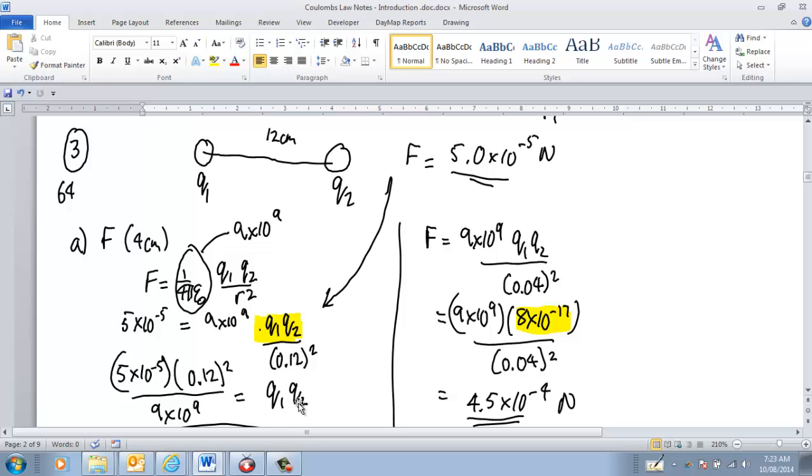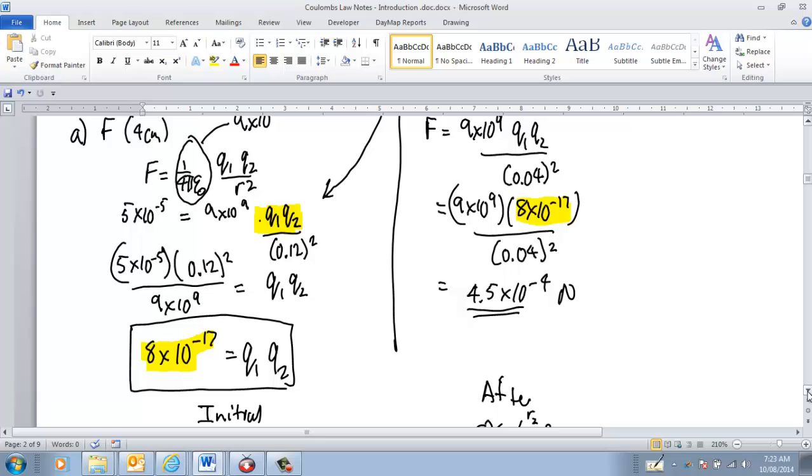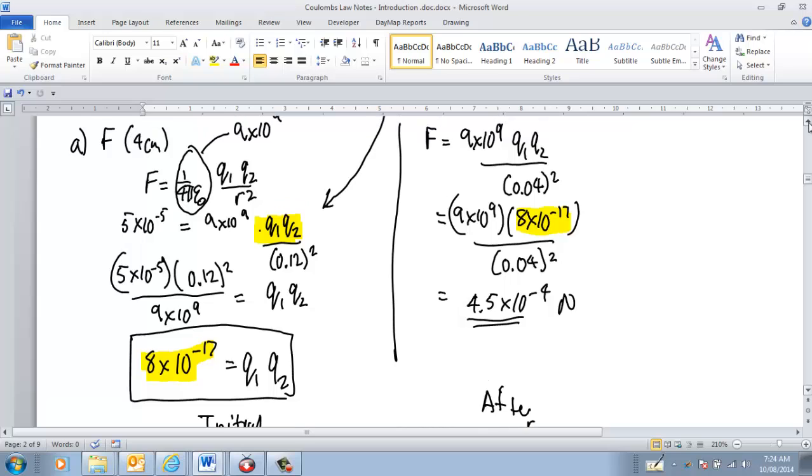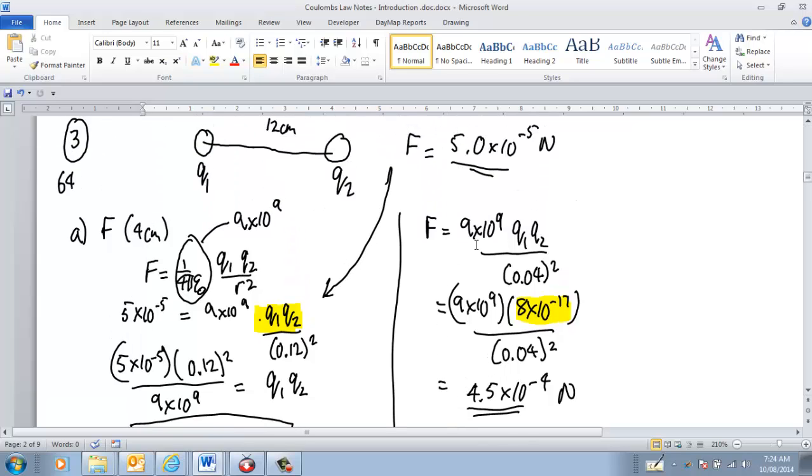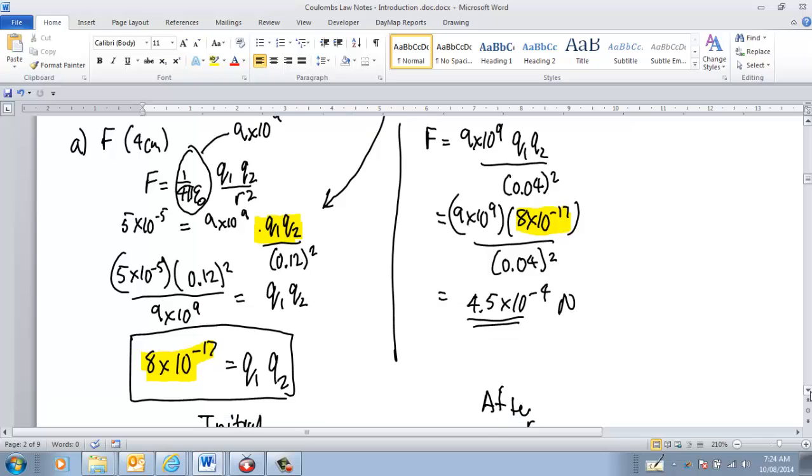We know that Q1 times Q2 is in fact equal to 8 by 10 to the minus 17 coulombs. Well, that would be coulomb squared, I suppose. That's what that is, isn't it? In the second example for force 2, we know that Q1 times Q2 is that, and we know that the radius over here is going to be 4 centimeters. So therefore, we can work out what the force is over here.